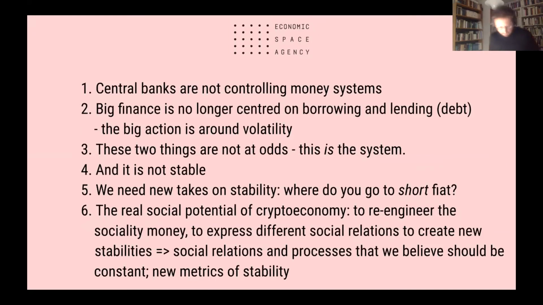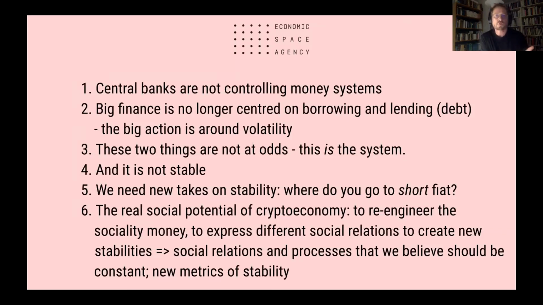Now, these historical shifts in the foundation of money, and I could go on, signal some serious challenges to the conventions of money. First of all, we can say that central banks are really not controlling the money system. Their agenda is to generate stability right now, but they can't deliver.